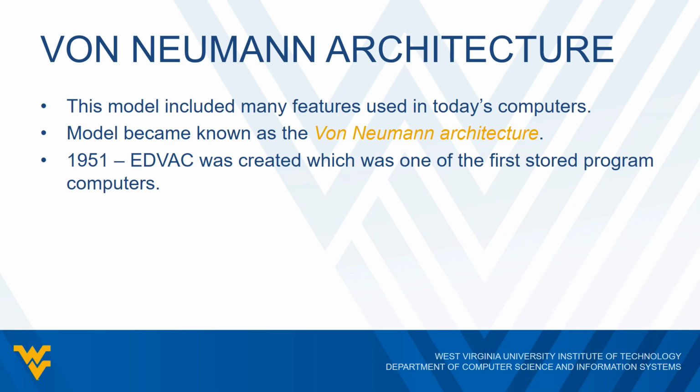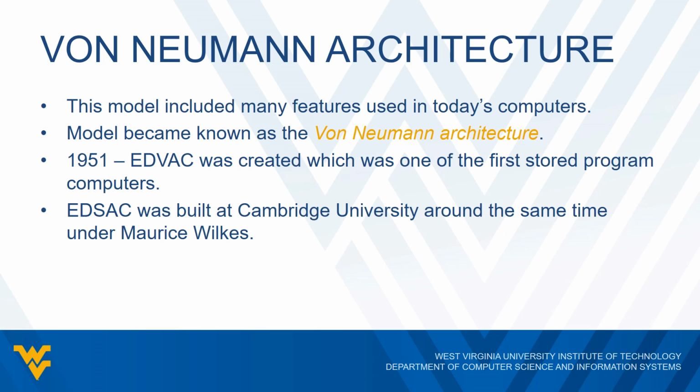Von Neumann's group developed the ISYS in 1951, and this was one of the first stored program computers. It wasn't the only one. There was another one built around the same time at Cambridge University, led by Professor Maurice Wilkes.